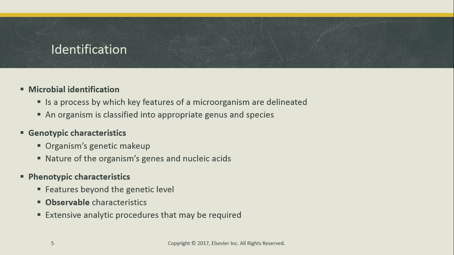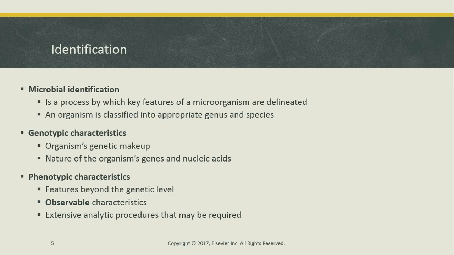Identification. When we talk about identification, we're really talking about microbial identification, and we are looking for key features that make this organism what it is. If something looks like Staph aureus, smells like Staph aureus, it probably is Staph aureus. However, we do have to have biochemical testing that says, okay, we are 99.99% sure that this is Staph aureus.